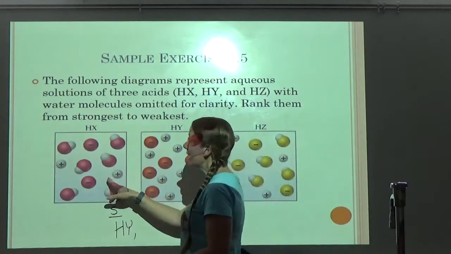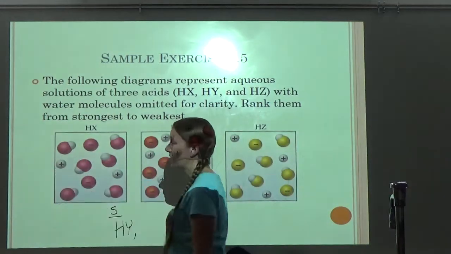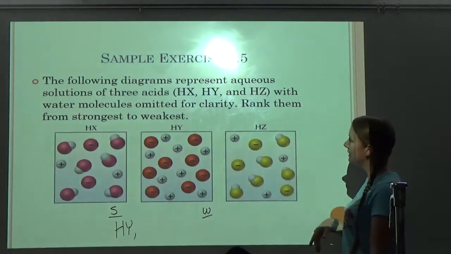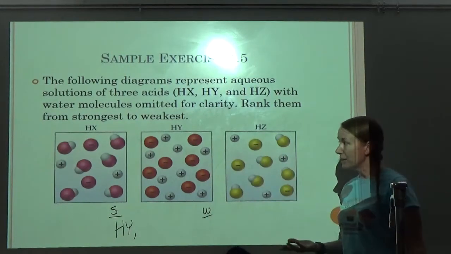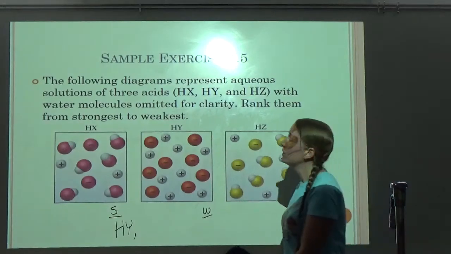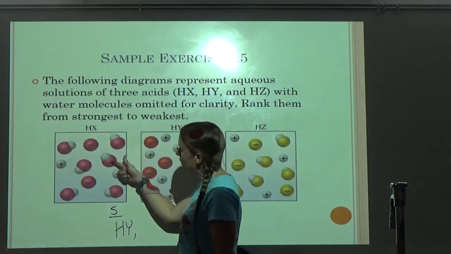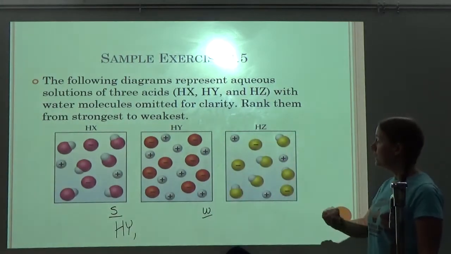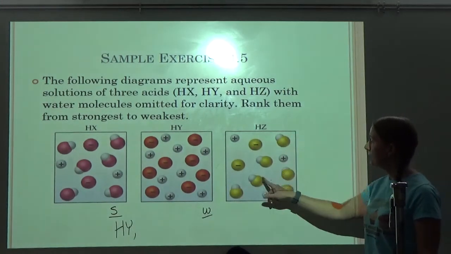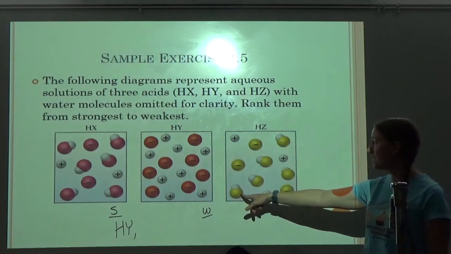On HX, I have 2 that have split. On HZ, I have, let's see, 2 that have split. So I need to look at who stayed together. On HX, I have 1, 2, 3, 4, 5, 6 that have stayed together. On HZ, I have 1, 2, 3, 4, 5 that have stayed together.